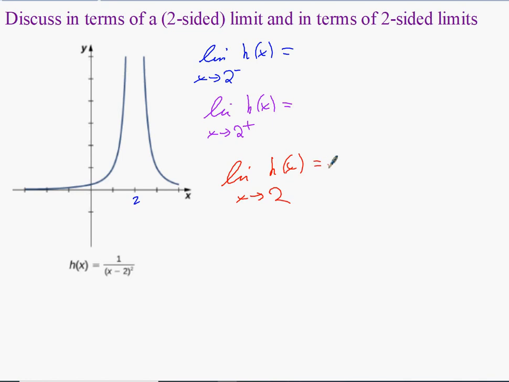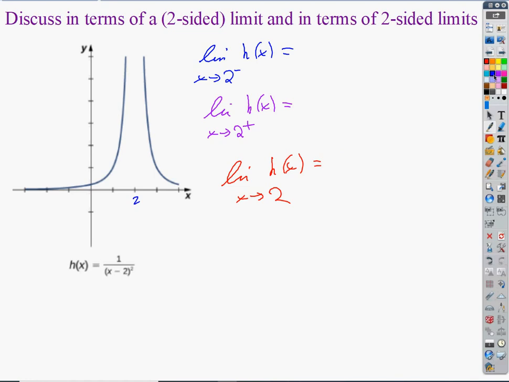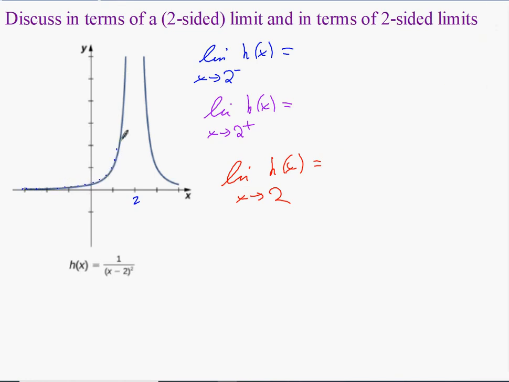Okay, what about the blue one? As this ant approaches 2 from the left, what's the limit? Okay, the curves keep going upward. That's what we call an asymptote, right?